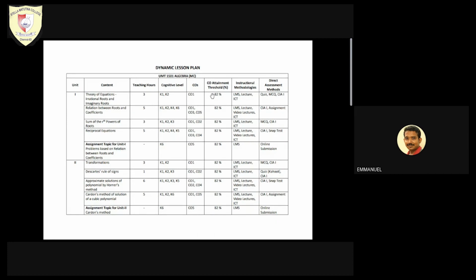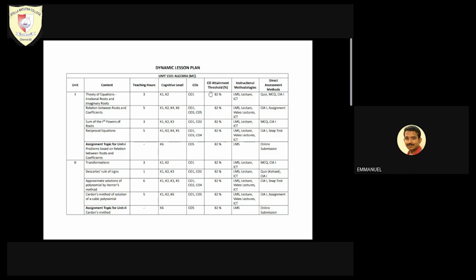I was also doing the course descriptor and the dynamic lesson plan for Algebra. One senior professor and two other colleagues of mine were there, so four of us together compiled the course descriptor as well as the dynamic lesson plan for Algebra.